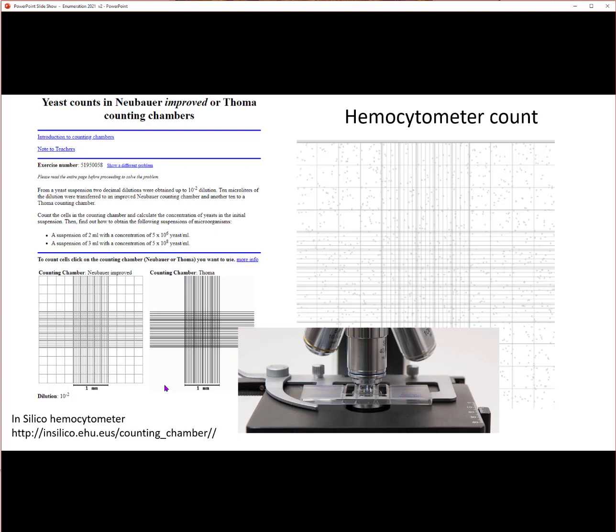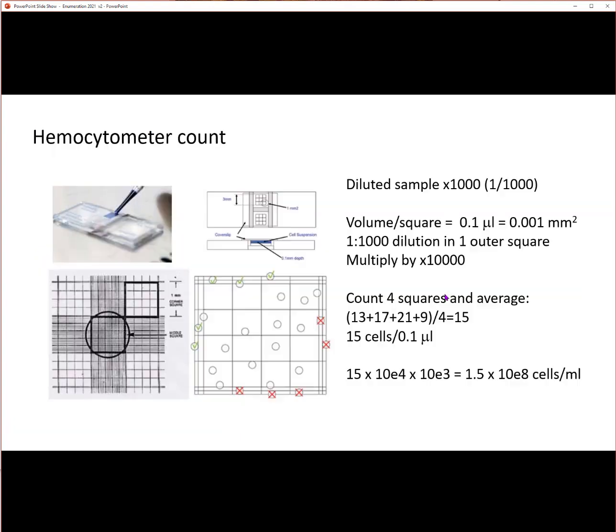This is commonly used when you do tissue culture, when you dilute cells, but it's also used for brewing, where you want to see how many yeast cells you have per ml, and so on and so forth. Again, the simulation here is very easy, where you can look at different scenarios, different dilutions, and then you get a picture where you can actually count the cells.